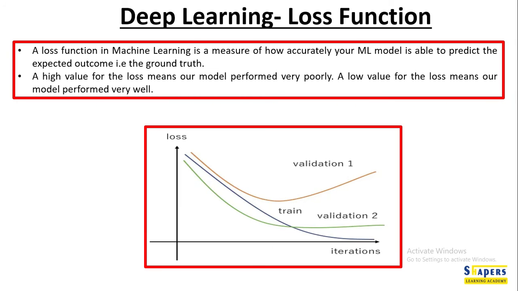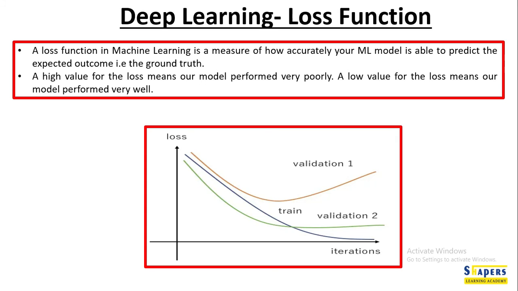Loss function is another important functionality in deep learning, and we are going to study the loss function in detail in the subsequent videos. Here we are going to have a basic understanding of what we mean by a loss function.